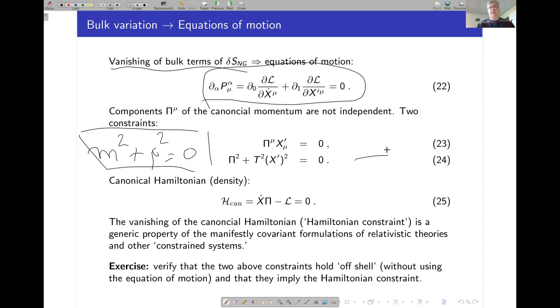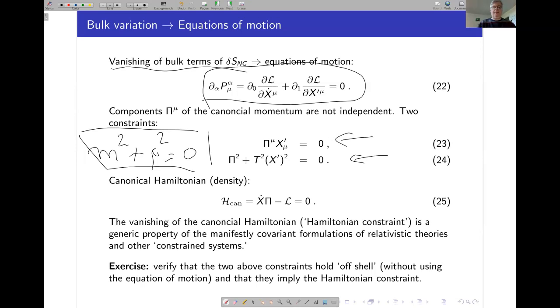One is formula 24, which, since it involves the square of the canonical momentum, looks a little bit similar to the mass shell condition. And the other is an orthogonality condition between the canonical momentum and the space-like tangent vector.